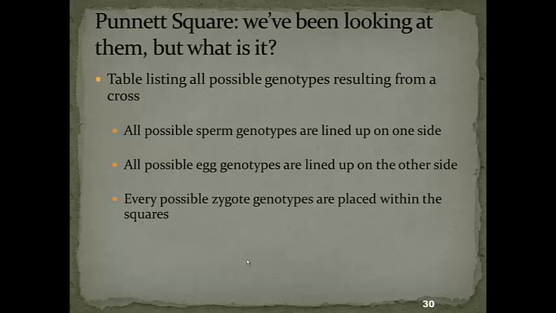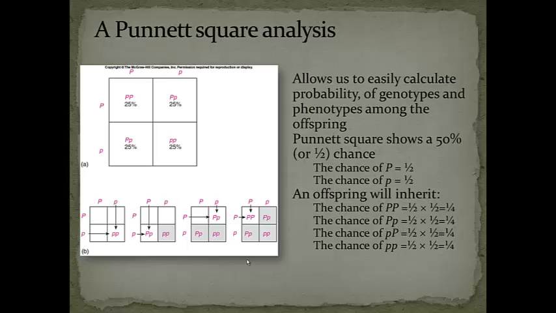It says lined up on the other side, but more accurately it would be lined up across the top. And every possible zygote genotype goes in the squares. So here's a Punnett square, and it allows us to really easily calculate probability of genotypes and phenotypes among the offspring.